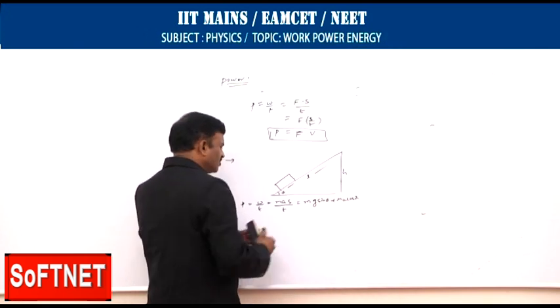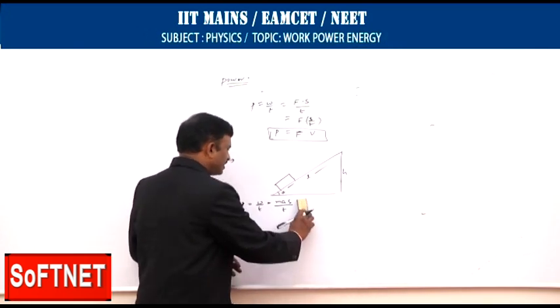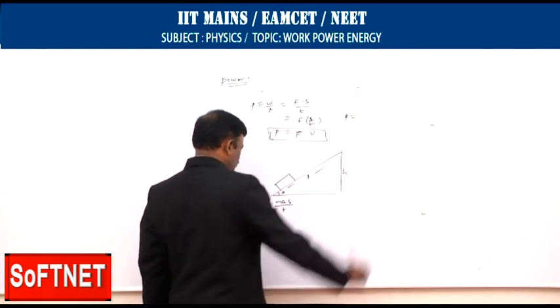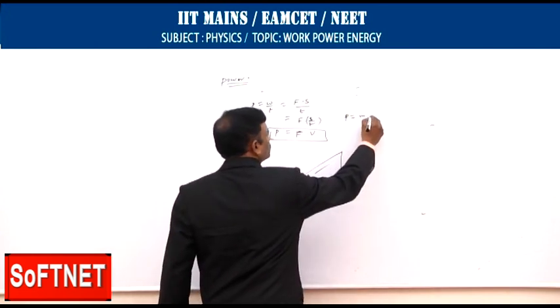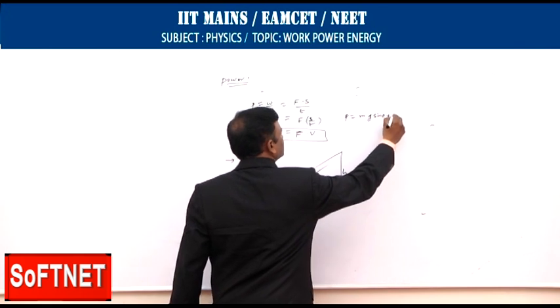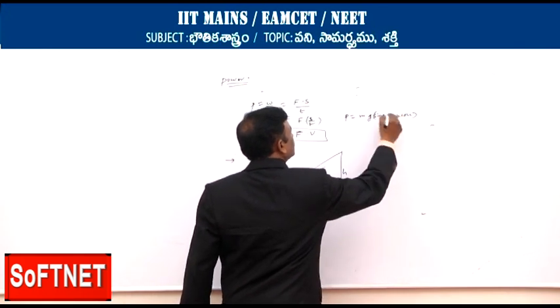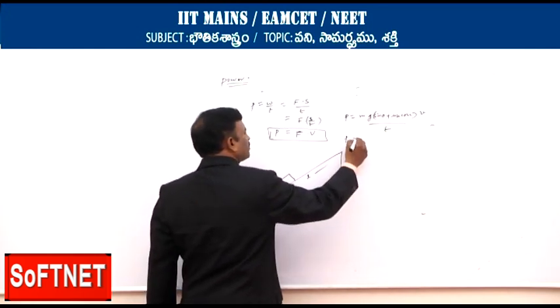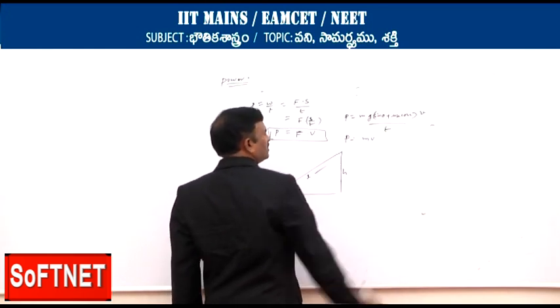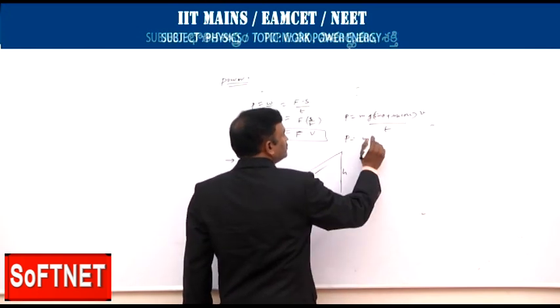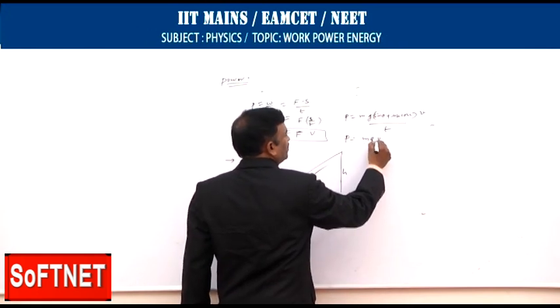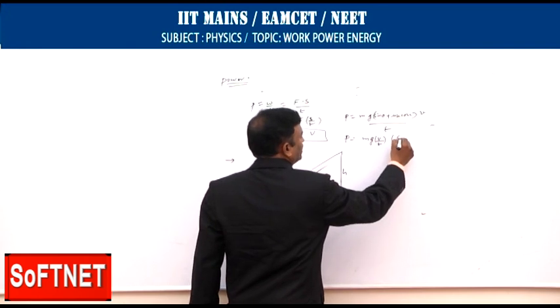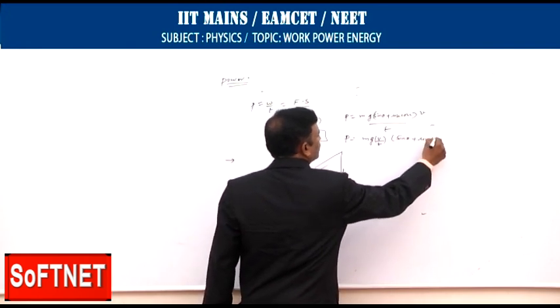Here the acceleration on the rough inclined plane, that we can take as power is equal to M into G sin theta plus mu K cos theta into V by T. Then finally we can write power is equal to mg into V into sin theta plus mu K cos theta.